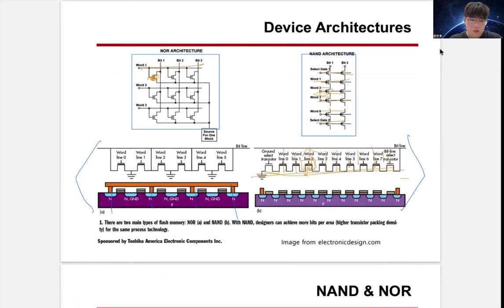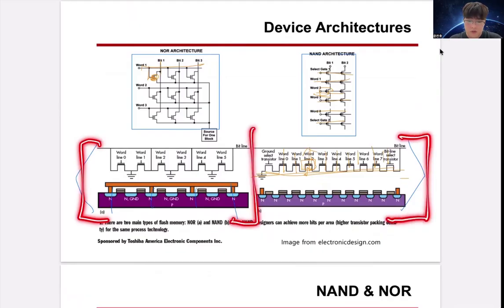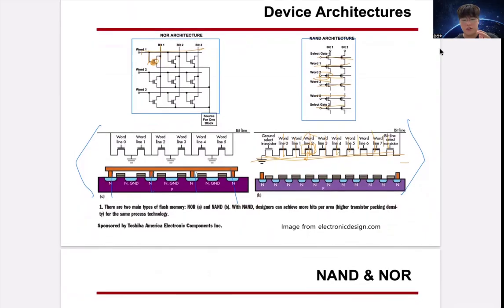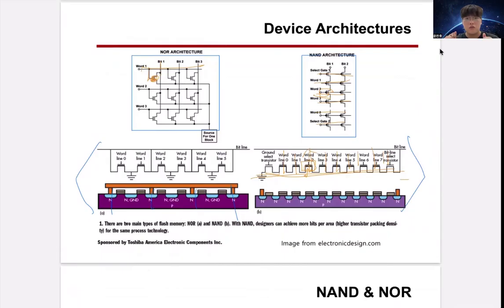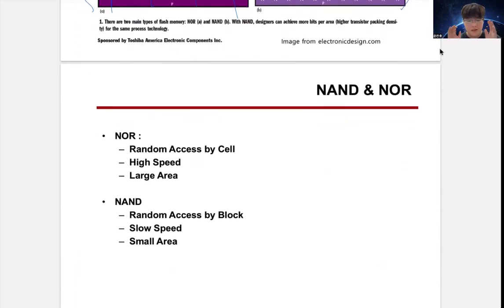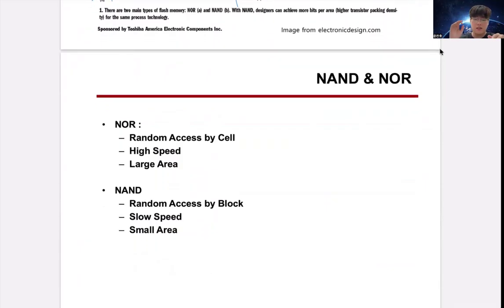As we can see in this picture, in NOR architecture, we have to make the contact on our junction. On the other hand, in NAND, we don't have to make the contact on the junction. So from the point of view of integration, NAND is a very good way to make lots of flash memory. The NOR architecture has high speed but needs a large area.